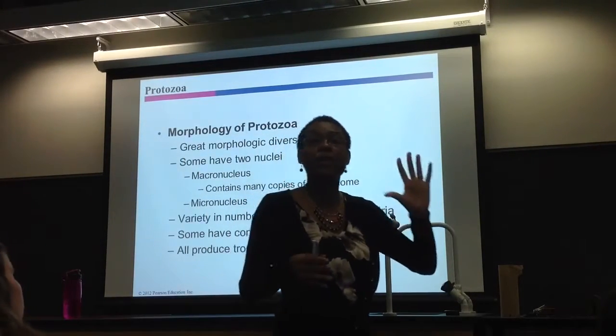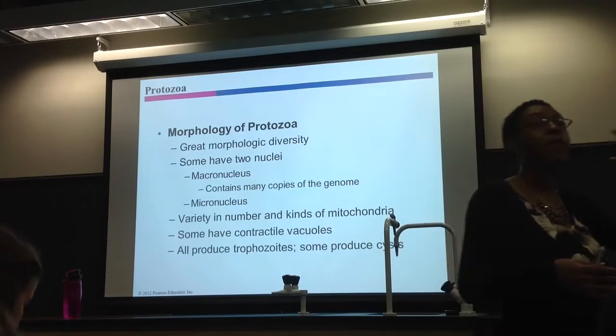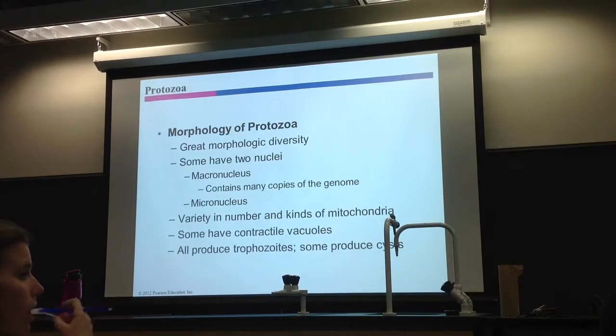If they can, they use the micronucleus for conjugation, just like bacteria would, and you'll see a picture of that. The macronucleus is used for asexual reproduction. Macronucleus: asexual. Micronucleus: sexual reproduction in the form of conjugation.